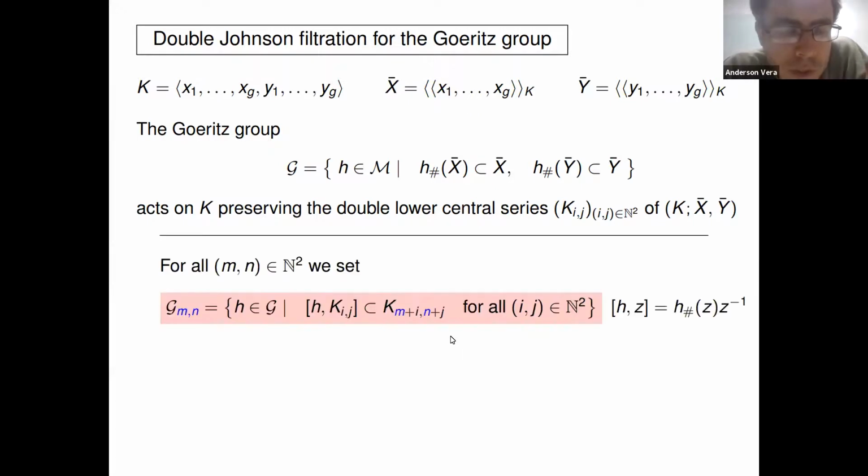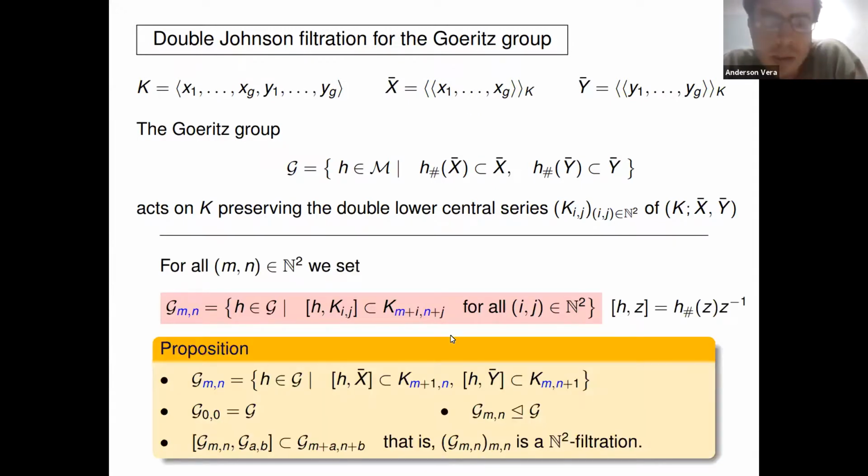The first thing that we can obtain is that, in fact, we only need two conditions in the definition: we only need to see what happens with K10 and K01. This allows us to show that G00 is the Goeritz group, and we can also show that they are normal subgroups, and moreover, that they behave very well with respect to the commutator operation.